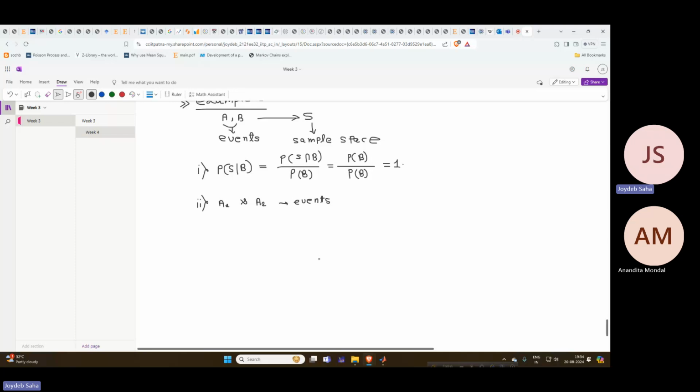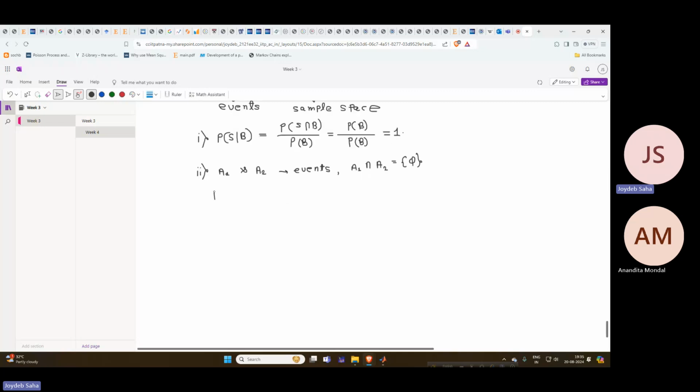And there is a condition given that A1, look very carefully, intersection A2 is phi. Phi means null set, or no element is there. So can we say that A1 and A2 are mutually exclusive? Yes, sir.